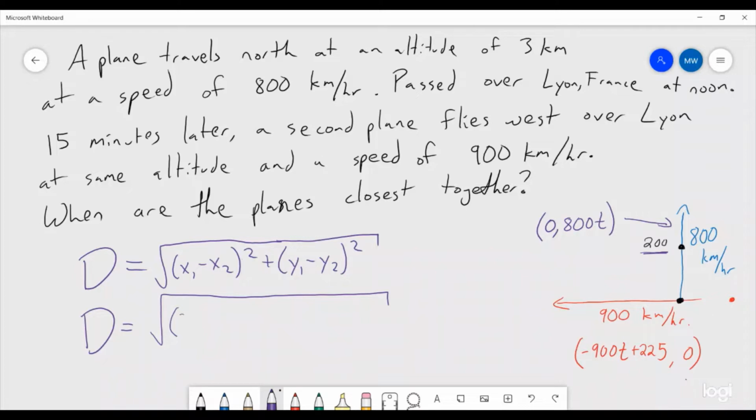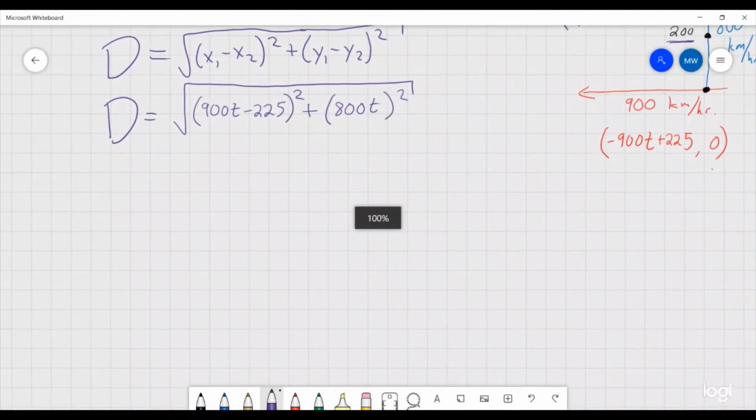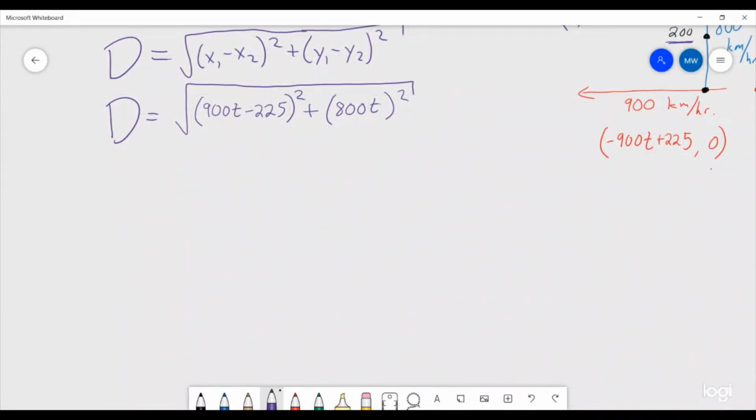So that becomes 900t minus 225, squared, plus y1 minus y2. y1 is 800t. y2 is 0. So we have that. And that is what we are trying to minimize. So let's just take the derivative directly.